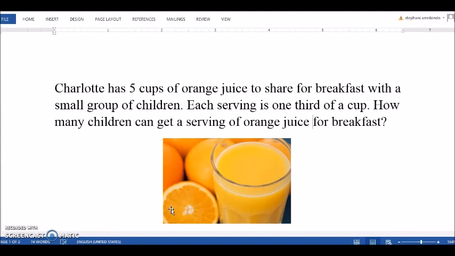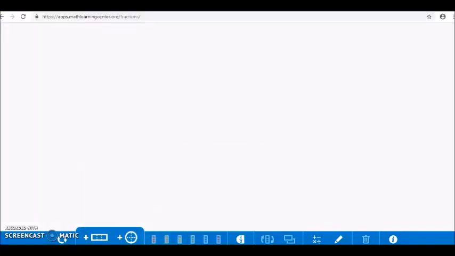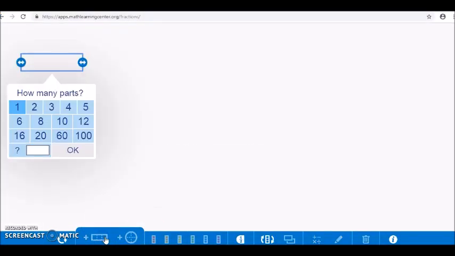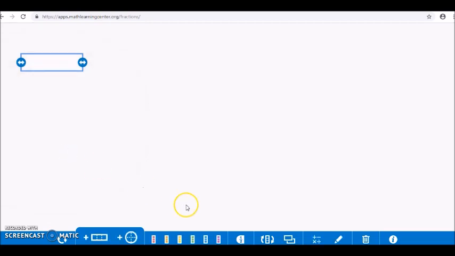To solve this problem, we will first start by building a concrete model using fraction tiles. We would like to know how many groups of 1/3 are in 5. To find that, we start by building our whole units, which in this problem is 5.